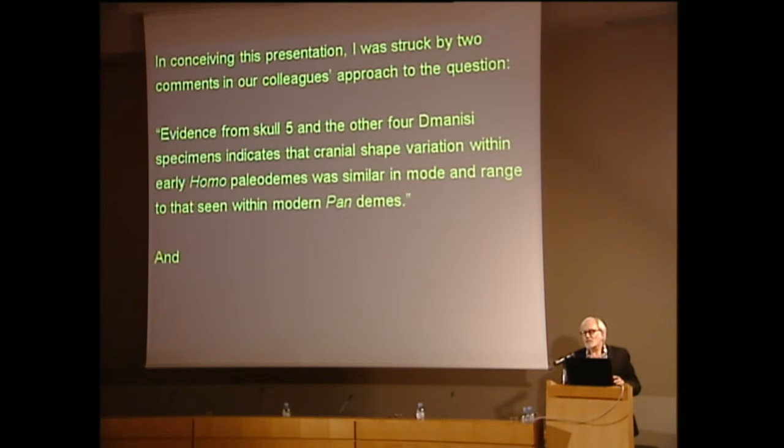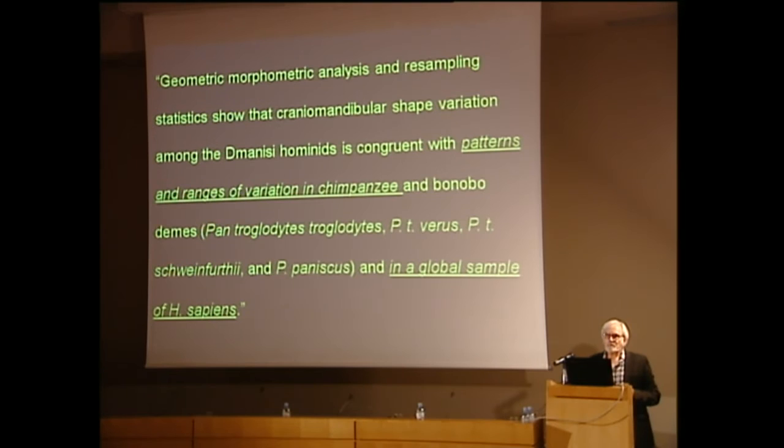So in putting this together, as Christoph reiterated earlier today, I want to think about the questions they raised, about the specimens with cranial shape within the early Homo paleodemus being similar in mode and range, as seen also in Pan.